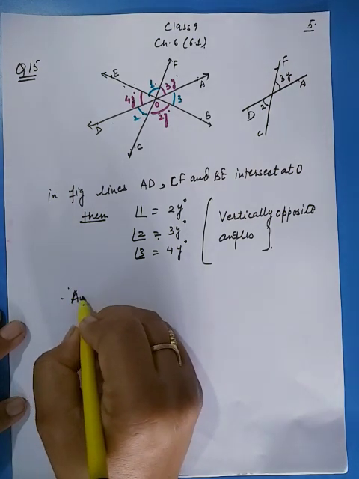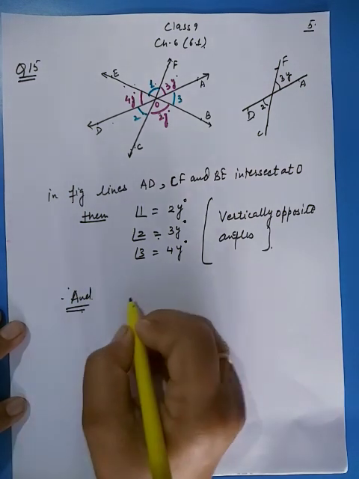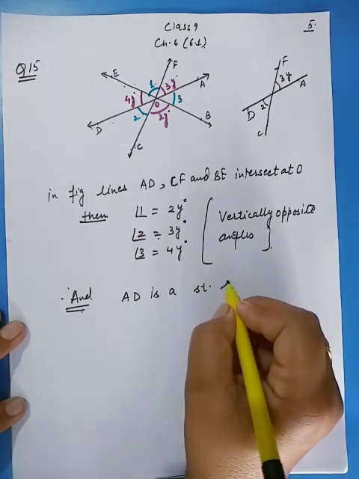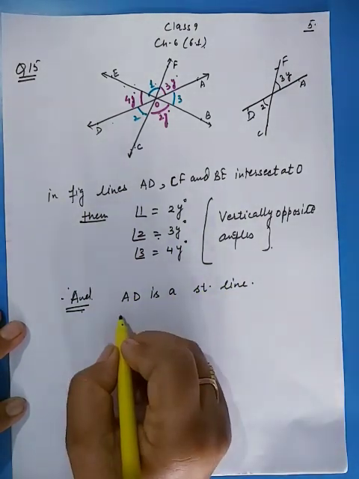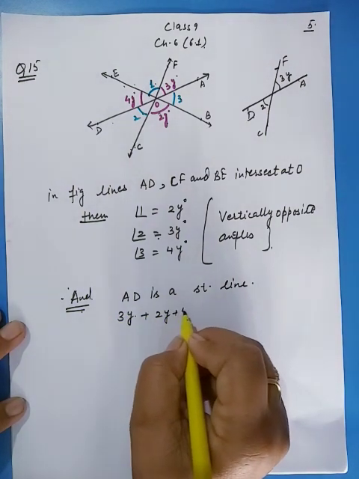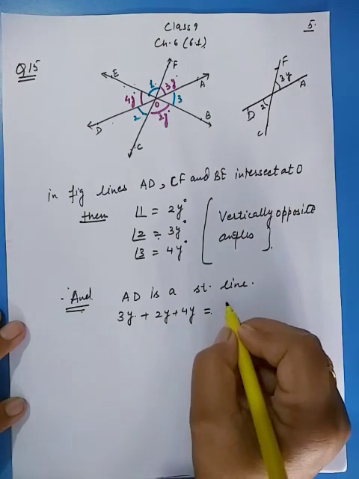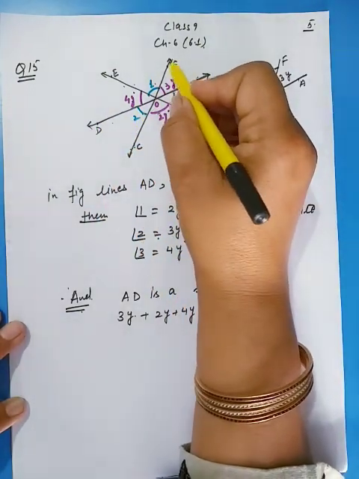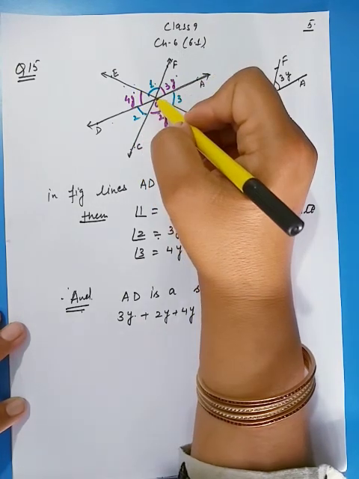And AD is a straight line, so you can say 3y plus 2y plus 4y will be of 180 degree, because AD is a straight line and these two rays are standing on it.